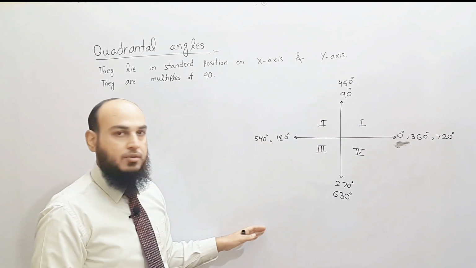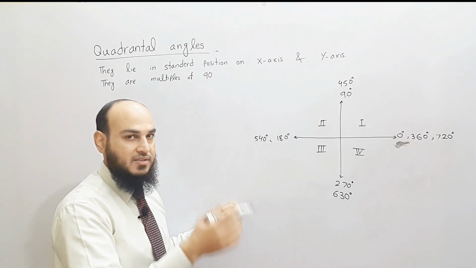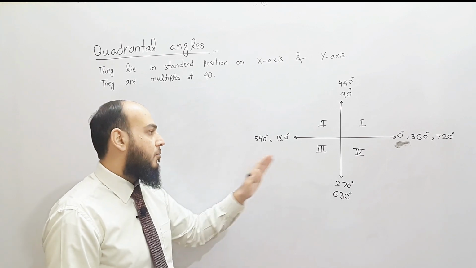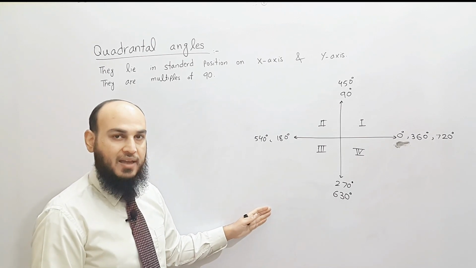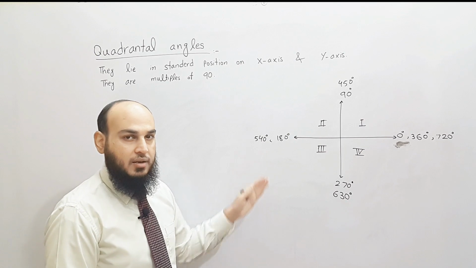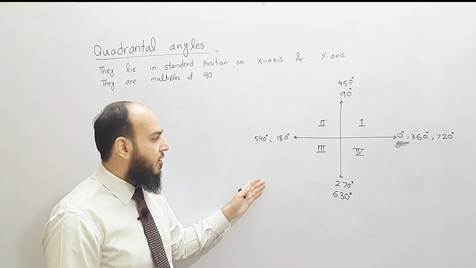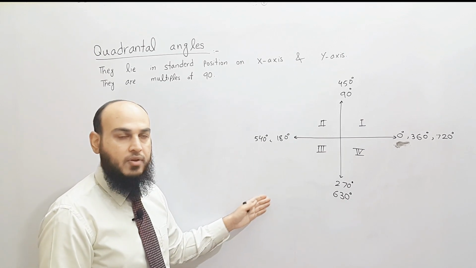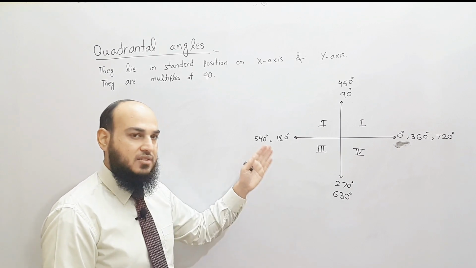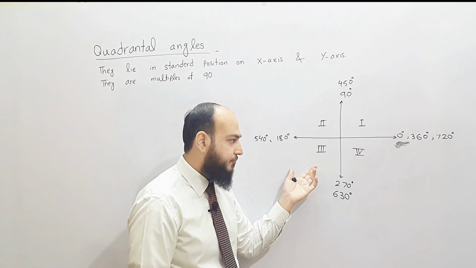On this pattern you can move in the anti-clockwise direction and you will get more and more quadrantal angles. You can find hundreds and thousands of quadrantal angles. These are positive quadrantal angles.